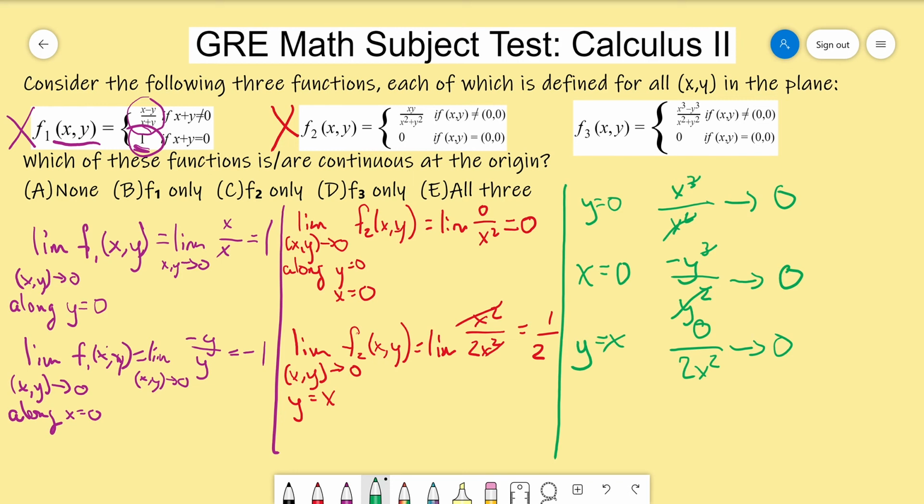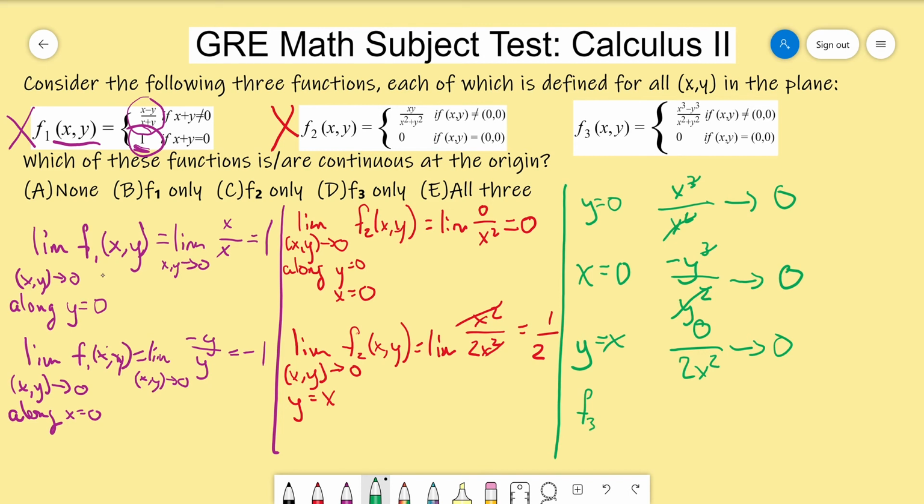So far, all these test cases seem to indicate that f3 is continuous, and it always approaches 0 as we head towards the origin. If we wanted to actually prove that this is the case, then we could switch over to polar coordinates and write, remember in these coordinates, x is r cosine theta.